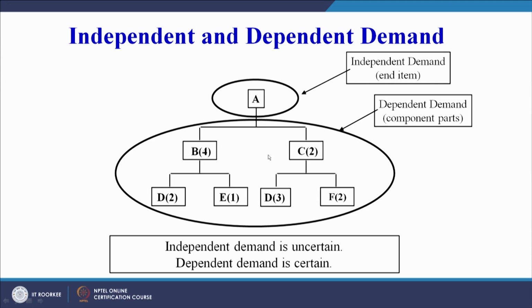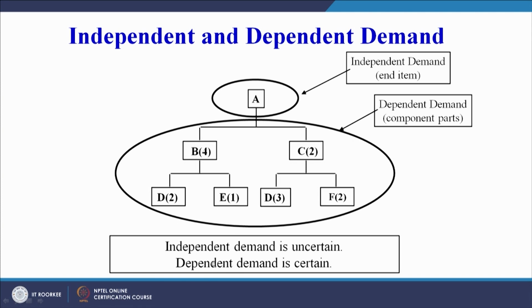So the dependent demand into component parts is given. B may be required in 4 numbers, C in 2 numbers. For B we further require D and E, and the numbers are also given. So basically the summary is as given on your screen.